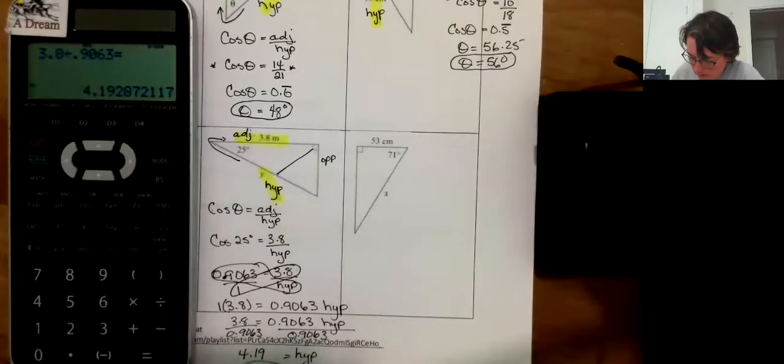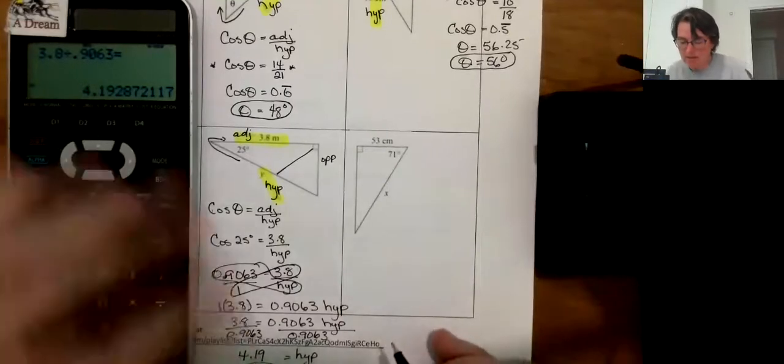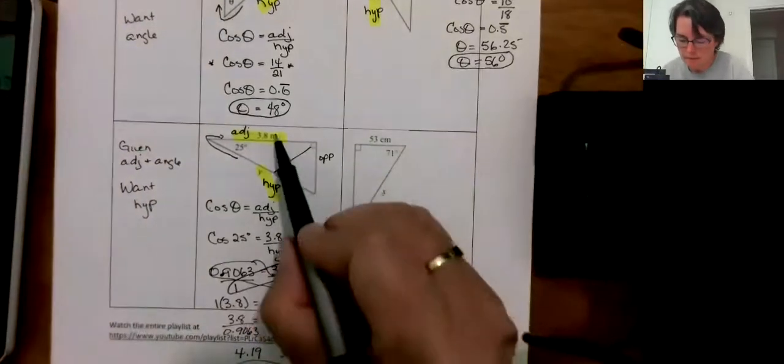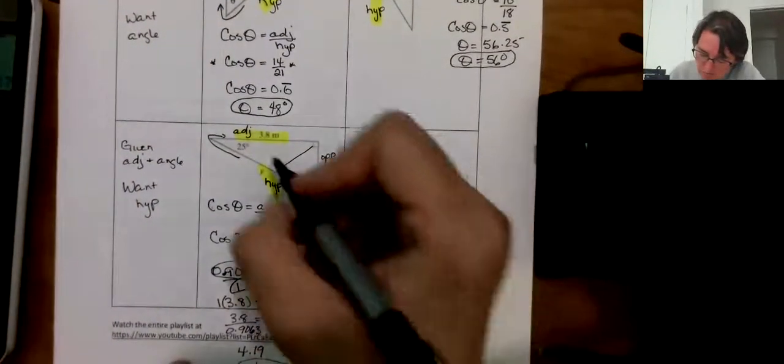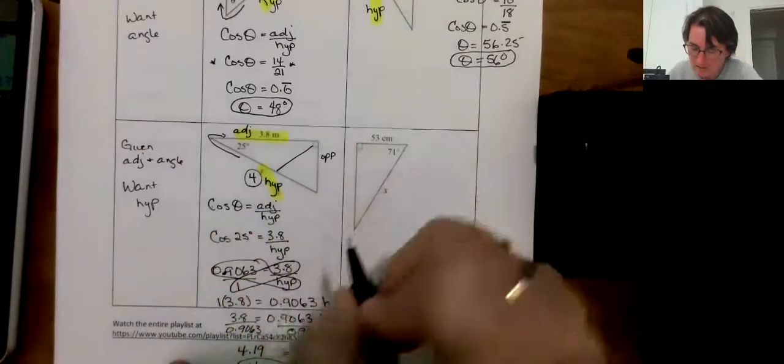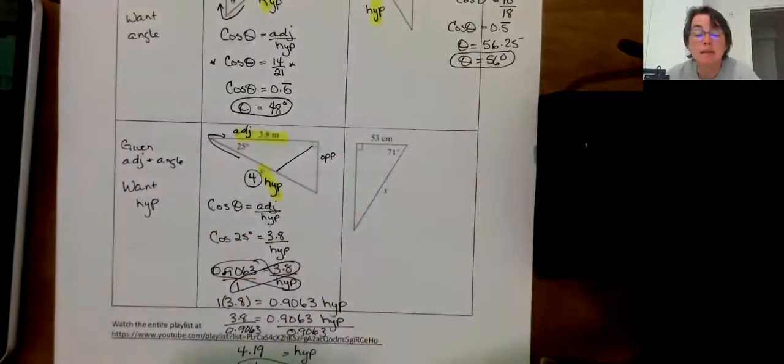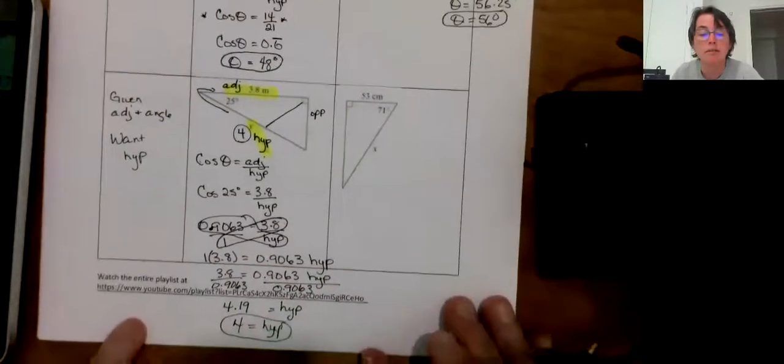Oopsies. And let's see if that is reasonable. This is 3.8. My hypotenuse being 4 is okie dokie. It needs to be the longer of the two. Sorry, that just appeared on me there.